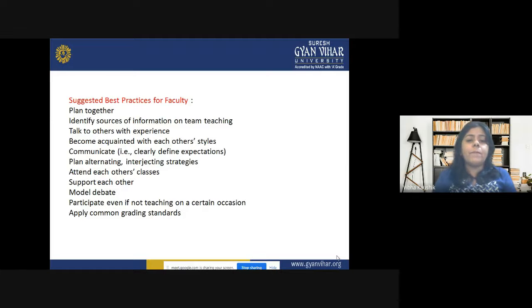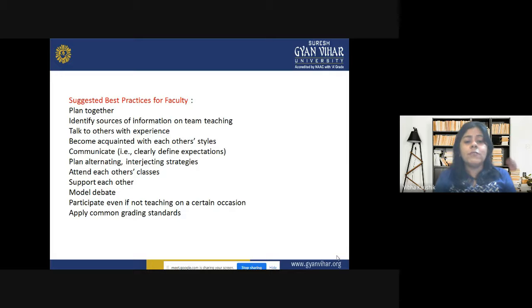Suggested best practices for faculty. Plan together, they have to come together and plan the lesson plan. Identify sources of information on team teaching, different sources from where you can get the information.